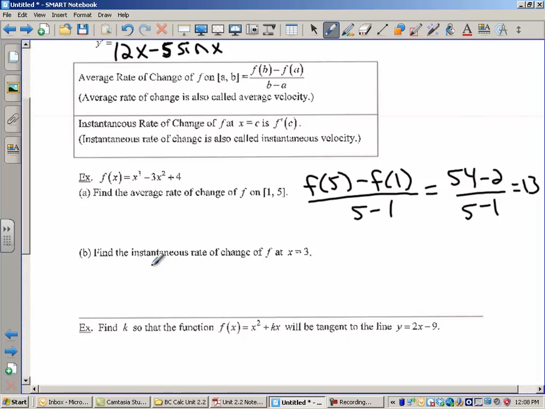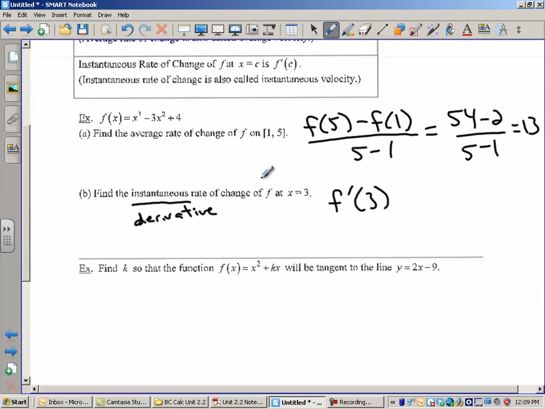Now the instantaneous rate of change means you have to take the derivative. You must take the derivative, and then we're going to plug in 3. So in other words, I want f prime of 3. And we're going to use the shortcut now instead of that definition of the derivative. So I'm going to find f prime of x first, which is going to equal 3x squared minus 6x.